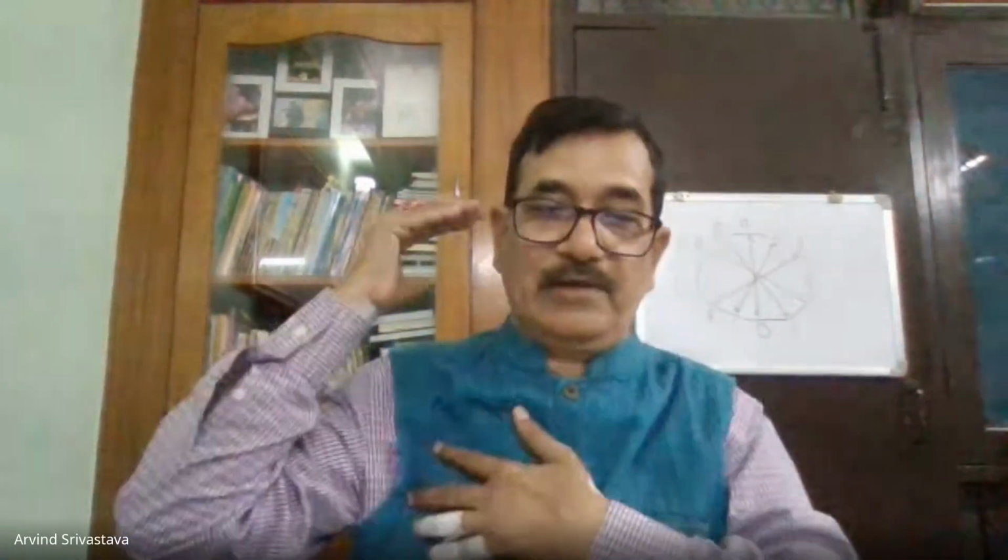And again we can study that every four meridians form a whole circle. They start from the chest and come to the middle part of the body.